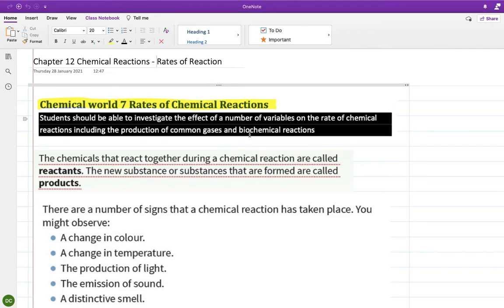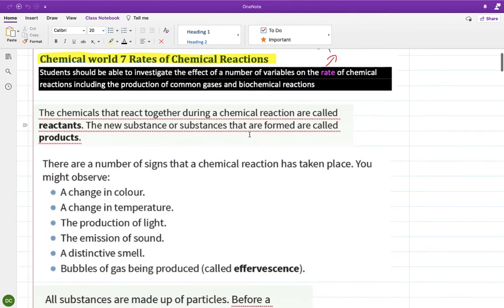So this is all about the rate of reaction. The rate of reaction is the speed in which a reaction takes place. How quickly the reaction happens or how slowly the reaction happens. So it's all about the speed.